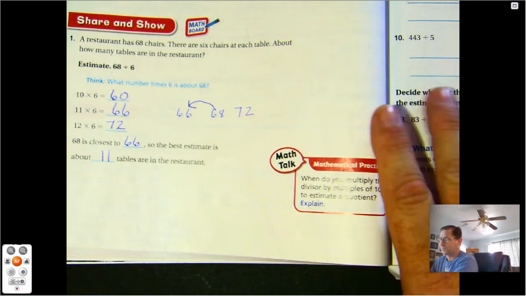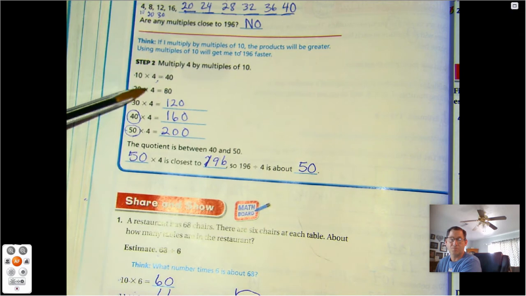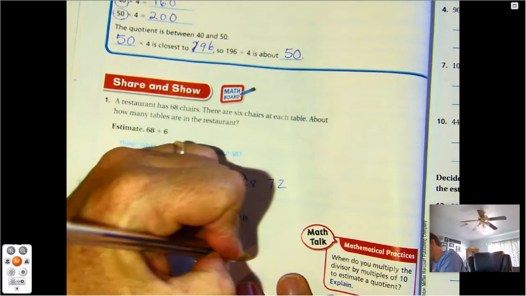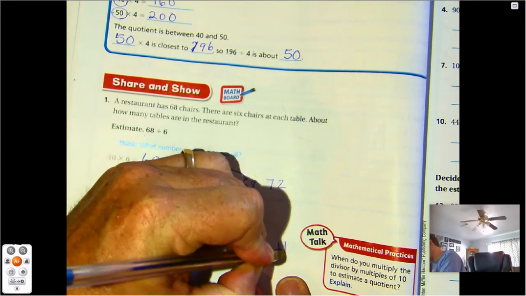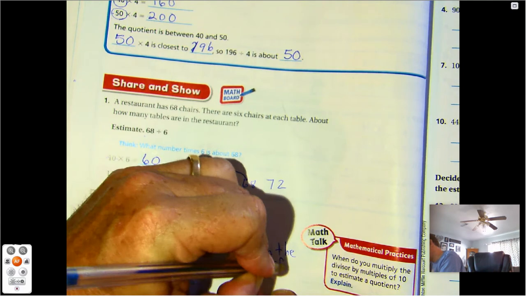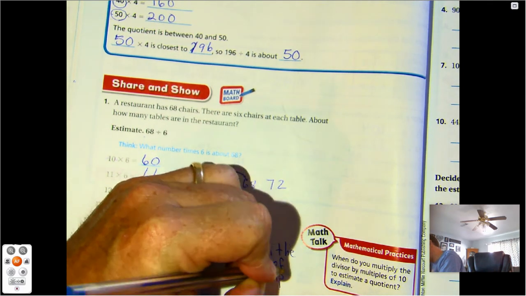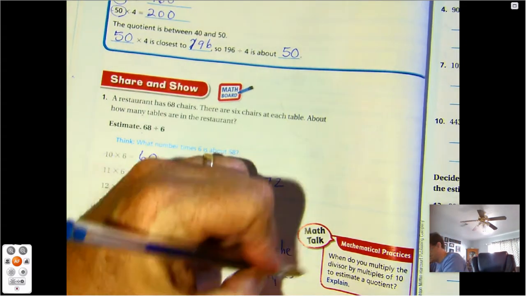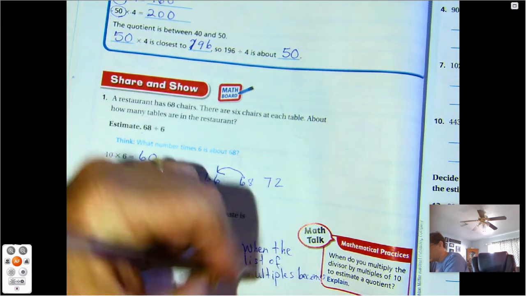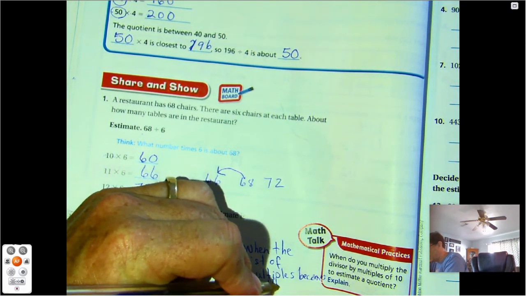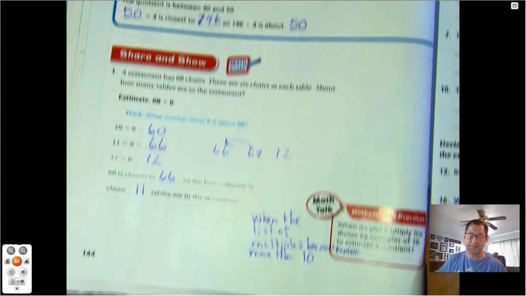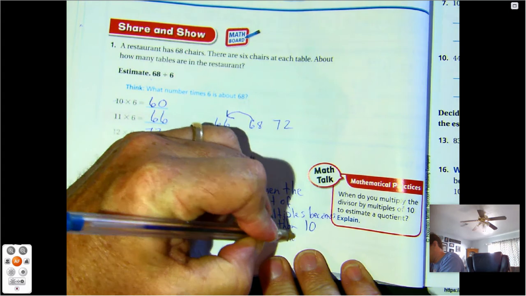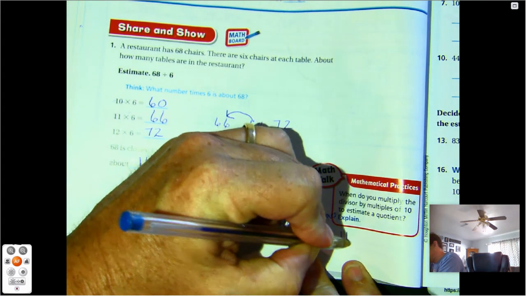The best way to say that is that when the list of multiples, remember when we were counting by 4s, becomes more than 10 and is not near the desired dividend.